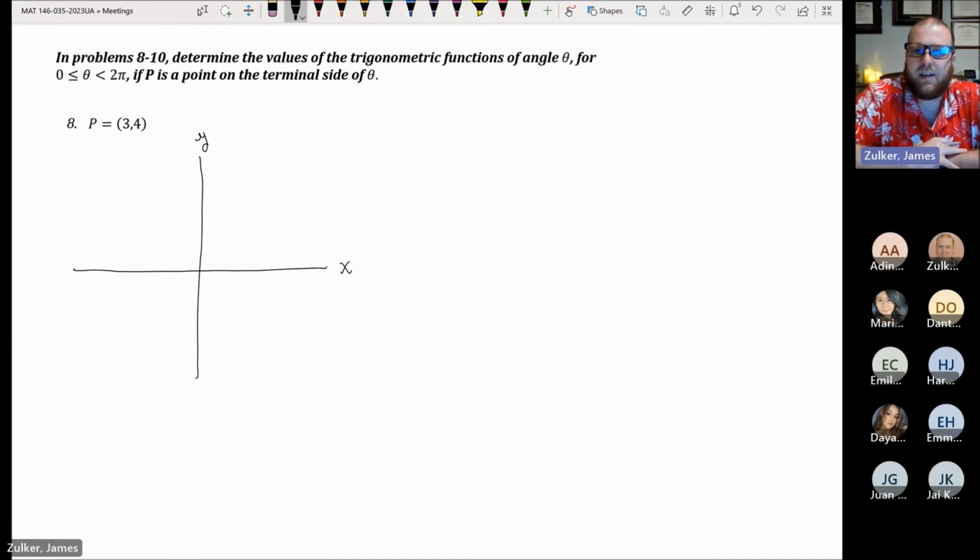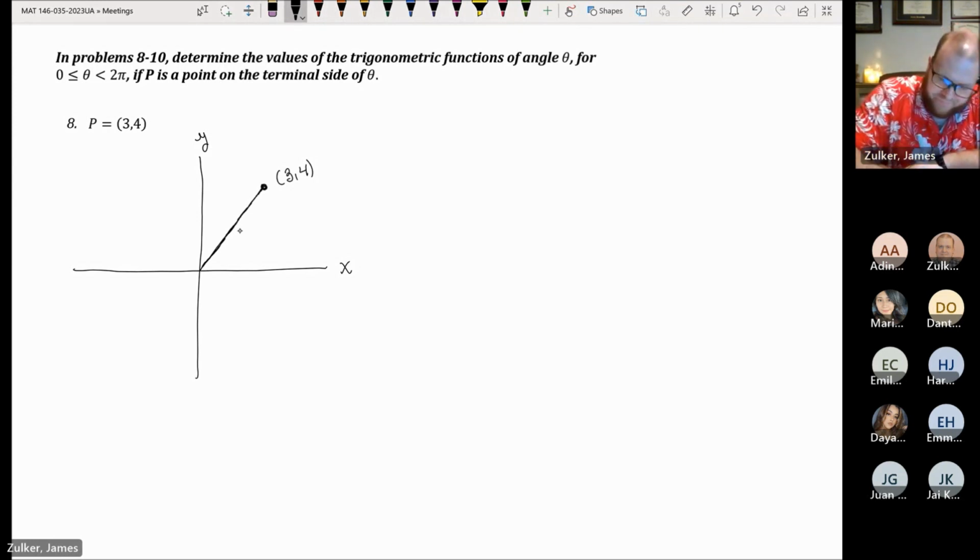What quadrant are we located in? First. So let's just say that's the point. There's our angle theta.